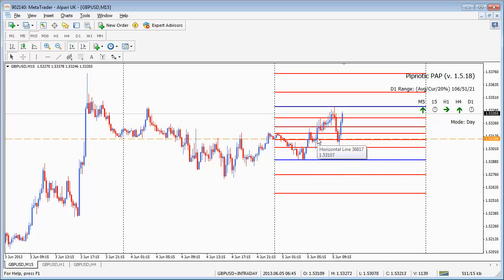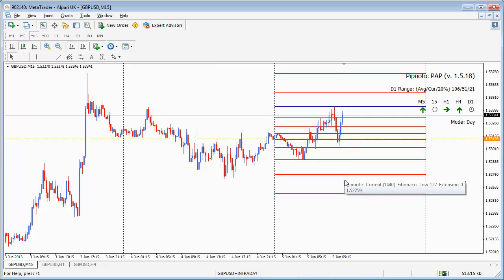We can expect price to react at this level, and due to the fact that it again converges with a nice technical level, then I think we have a good chance that price will react here. And of course we have our extensions, and then we have our external retracements here.